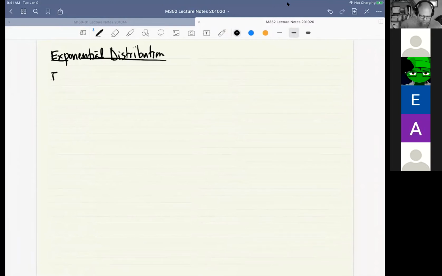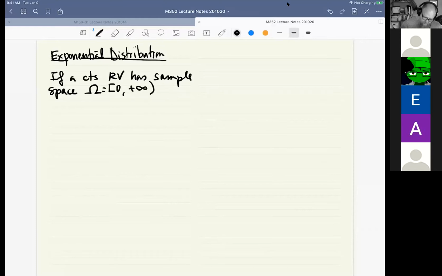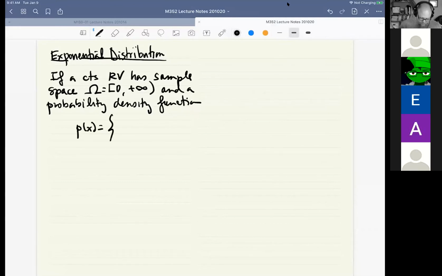All right, so if a continuous random variable has a sample space that's the half infinite line, from 0 to infinity, and a probability density function p(x) = lambda e^(-lambda x) if x is bigger than or equal to 0, or 0 if x is less than 0.